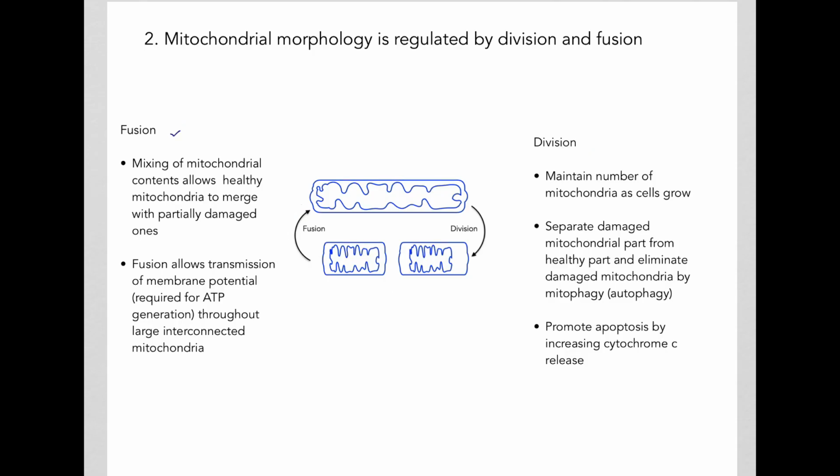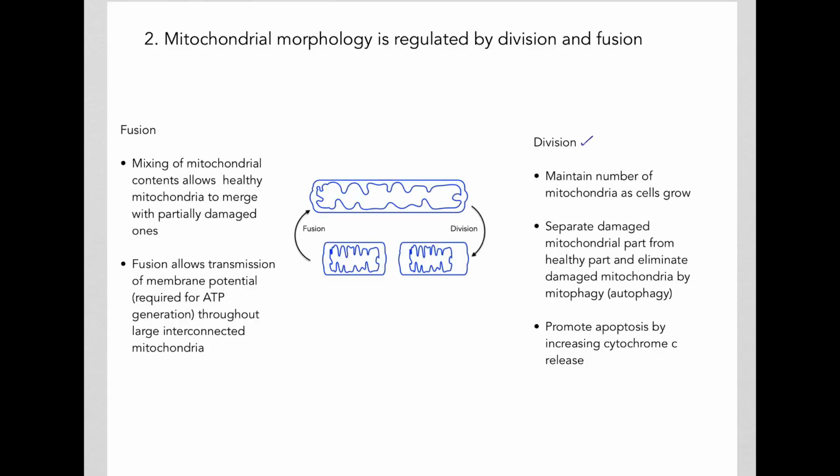During fusion, there's mixing of mitochondrial contents, and this allows the healthy mitochondria to merge with those that are partially damaged. Fusion also allows transmission of membrane potential, which is required for ATP generation, throughout the larger interconnected mitochondria.